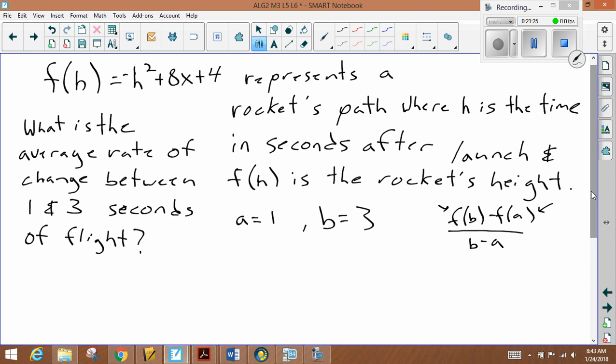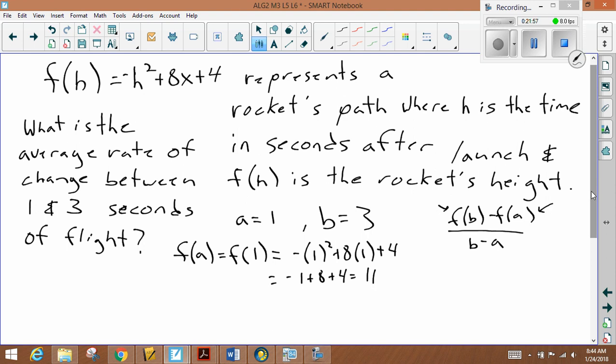Let's do it. It turns out that f of A is equal to f of 1 in our function, which is going to be negative 1 squared plus 8 times 1 plus 4, which is negative 1 plus 8 plus 4, which is 11. Okay? So f of A is equal to 11. How about f of B?